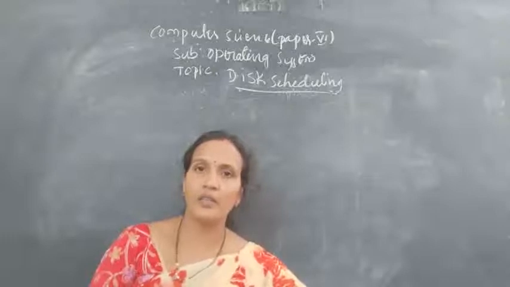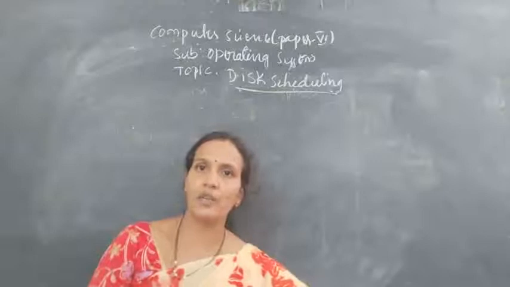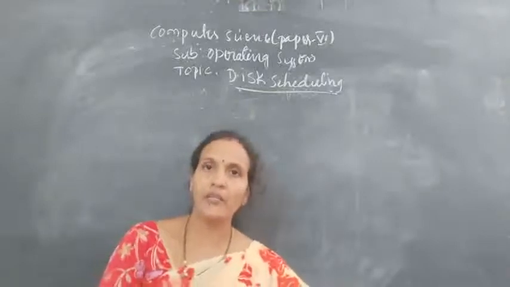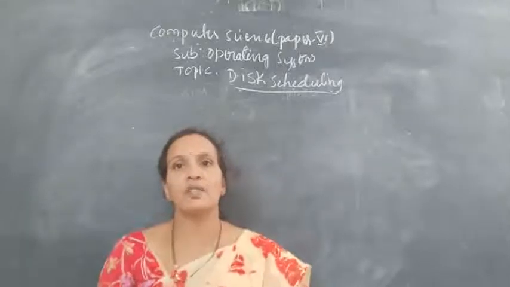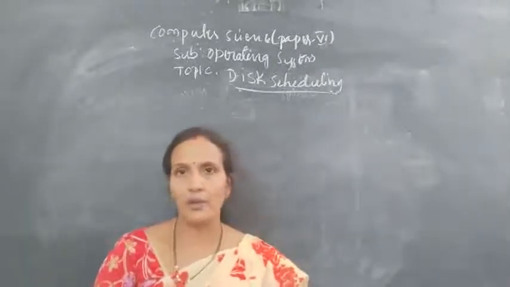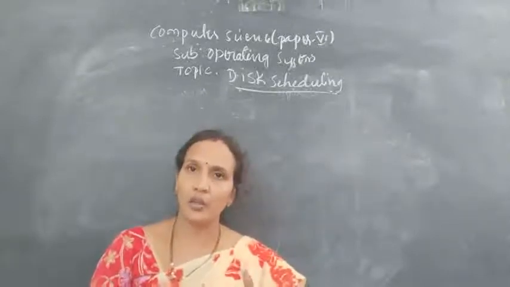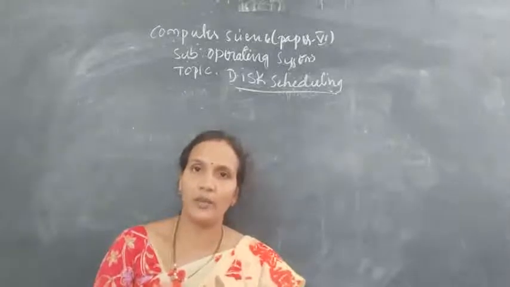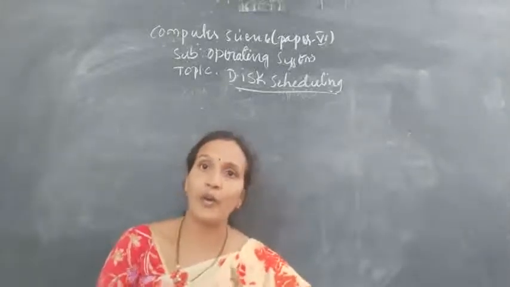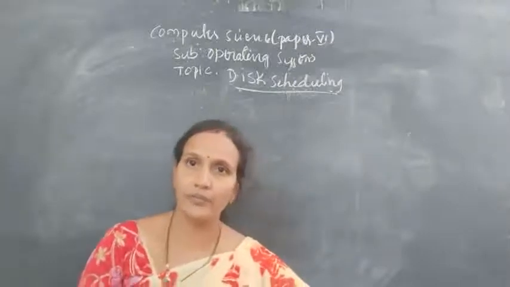So the operating system takes the request from each user, arranges the requests in order, and provides the services to the users one by one. The scheduling algorithm the operating system uses to provide these services is called a disk scheduling algorithm. Understood?